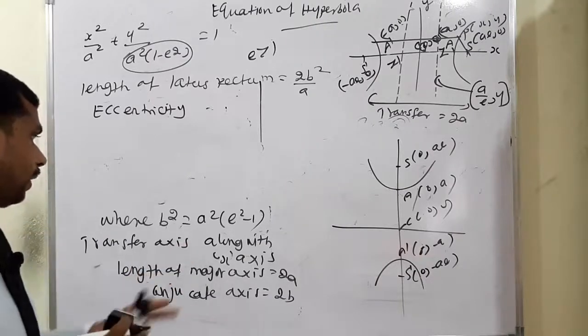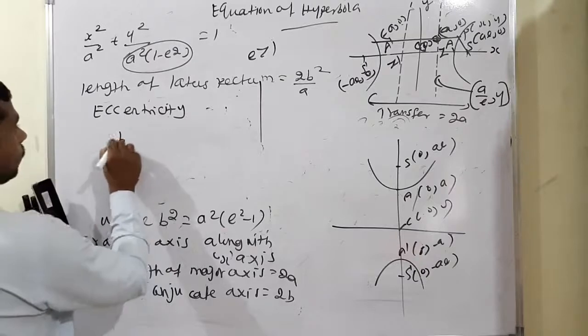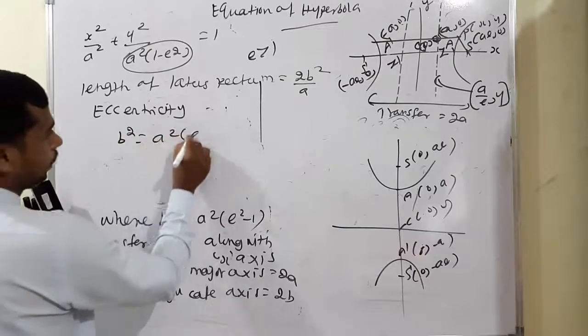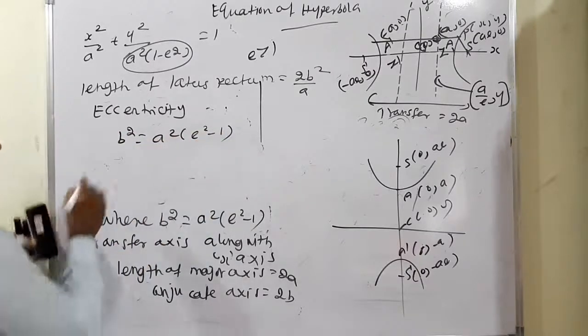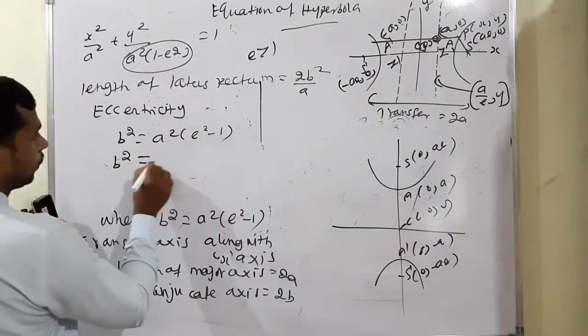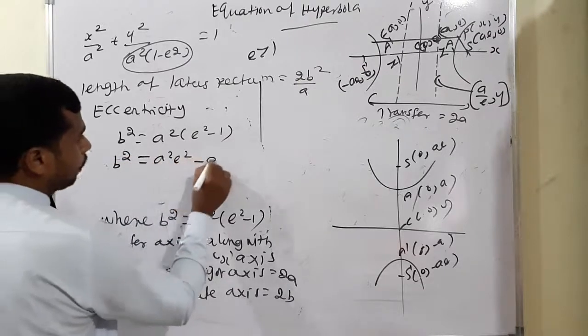But here we can check it. What is the meaning, b square is equal to a square into e square minus 1. Therefore, b square is equal to a square e square minus a square.